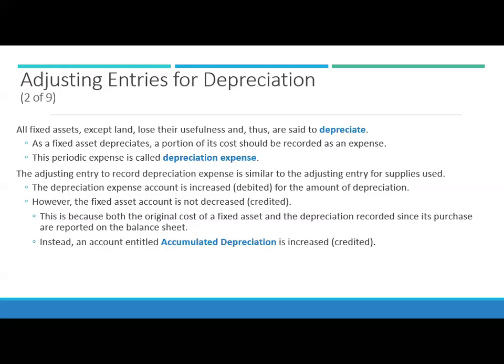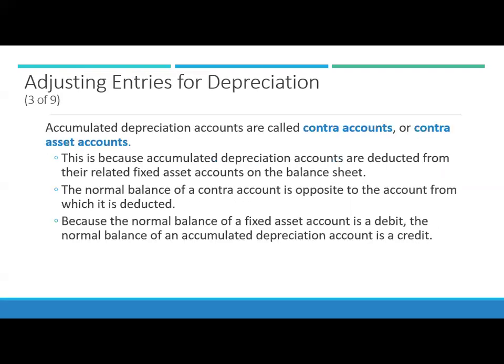And so we record an adjusting entry to record depreciation expense to an accumulated depreciation account. Accumulated depreciation is what's called a contra account. It is an asset account, but it has a natural credit balance.